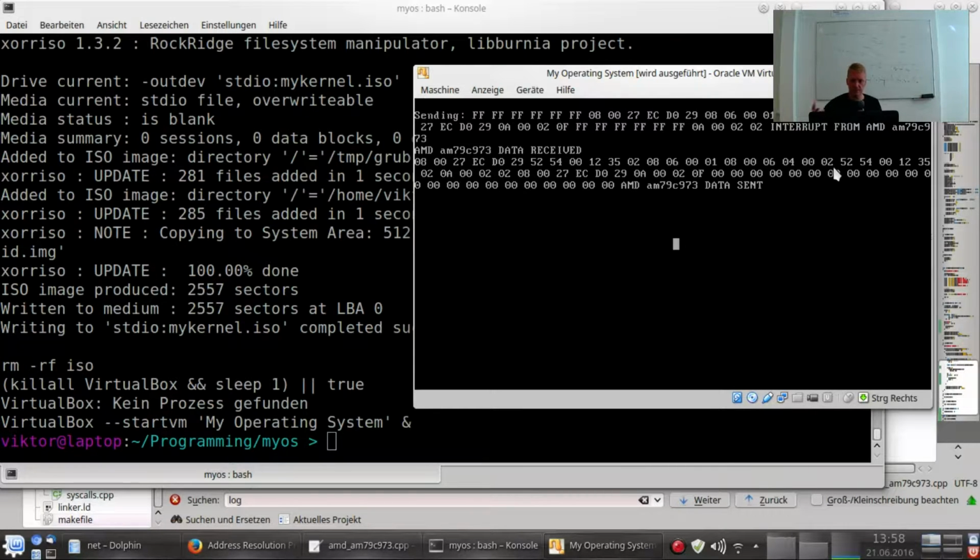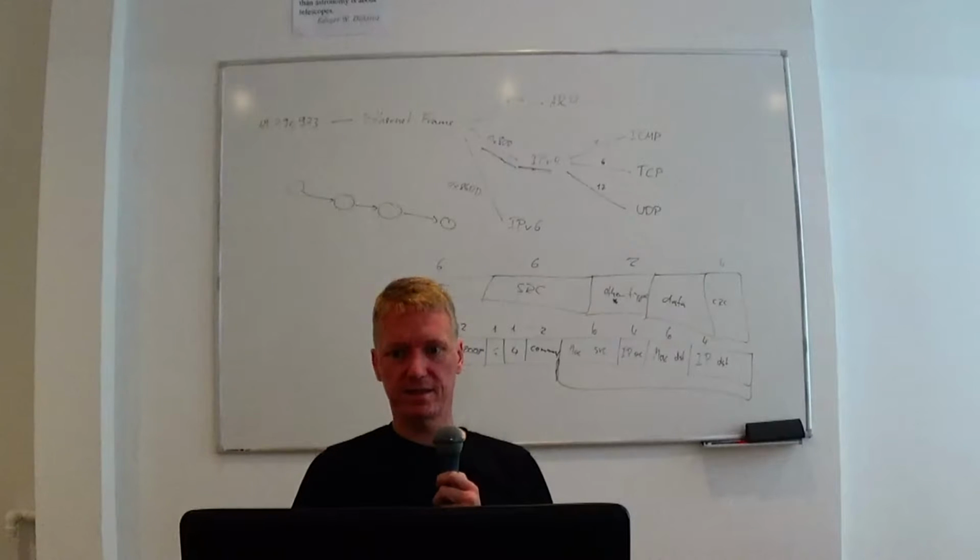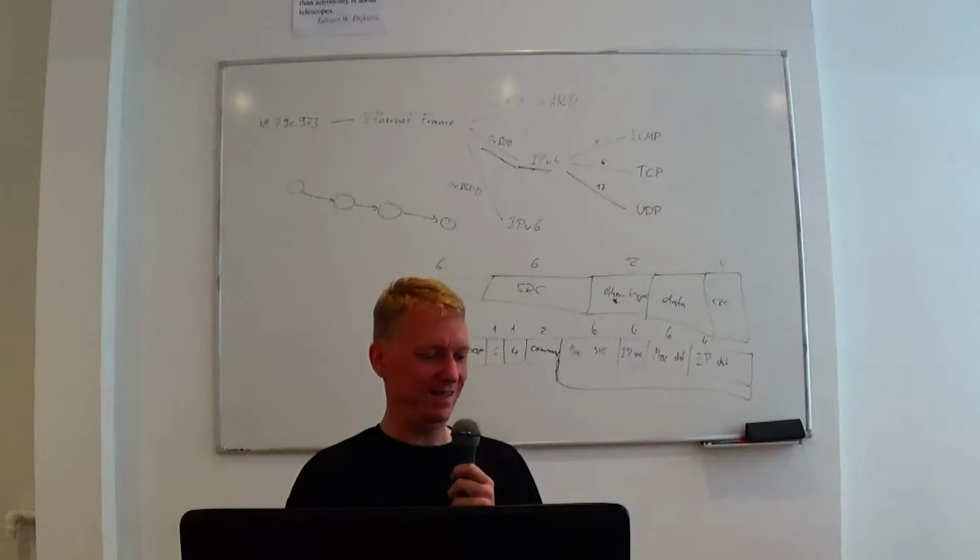We had sent a request and now it sent a response. Then here it has its own MAC address again, its own IP address, and the recipient is our MAC address and our IP address. Yes, this looks really, really good.